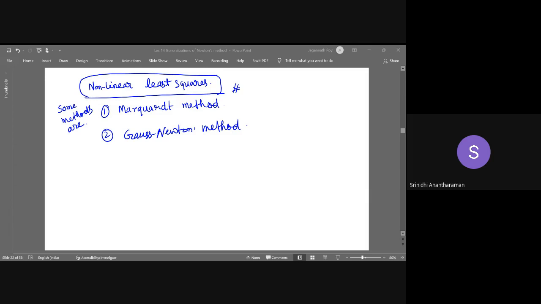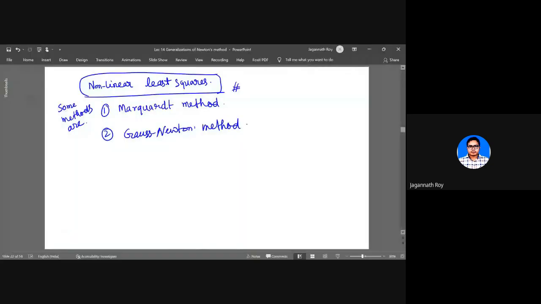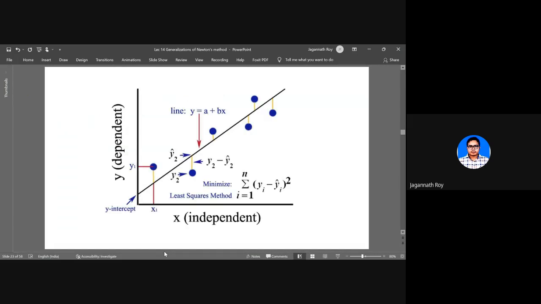And how about others? No, sir. Then I have to discuss the linear case also, otherwise you will not be able to understand the nonlinear part. So I will discuss this case with an example.